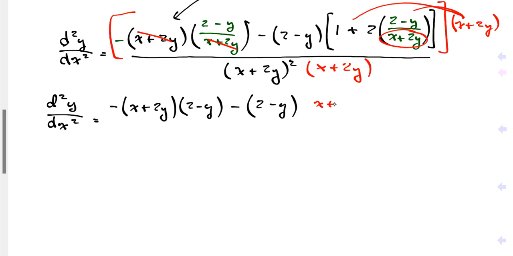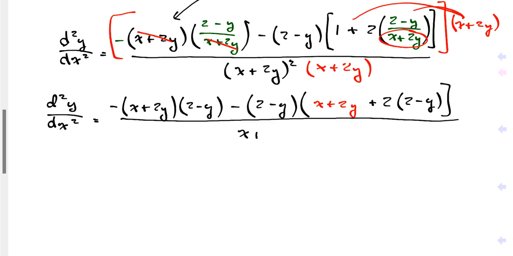So that'll give me an x plus 2y times the 1 plus 2 times the numerator, 2 minus y, and the denominator canceled out. That'll all be over top of the x plus 2y, now cubed. Questions up to there?